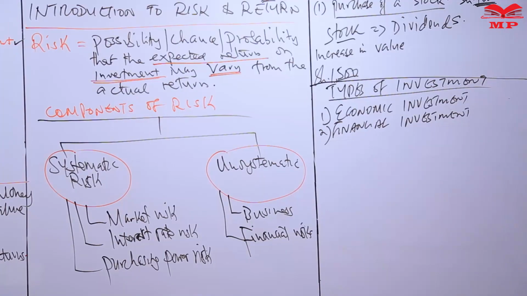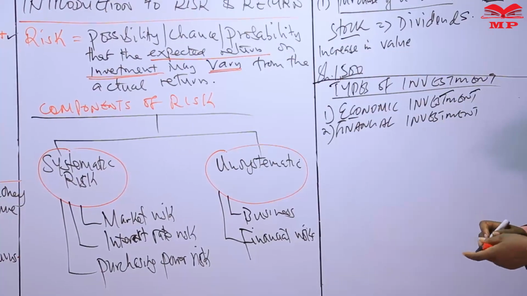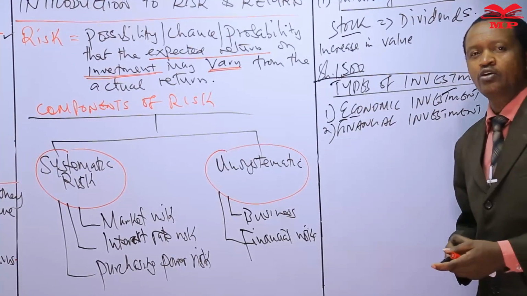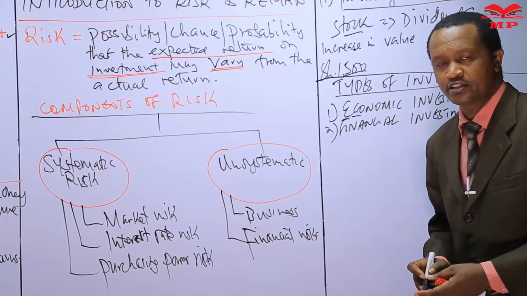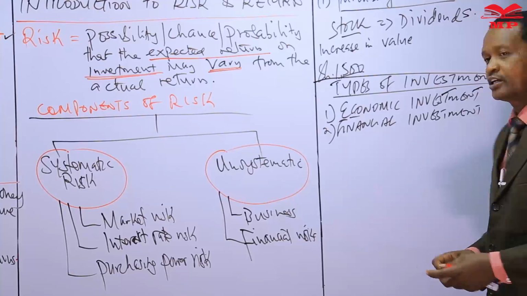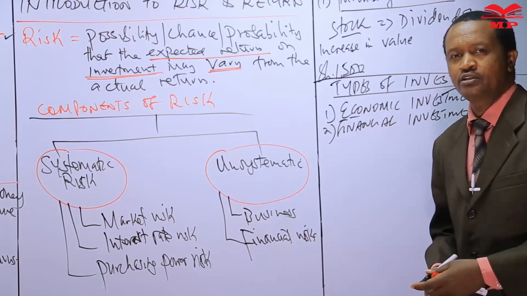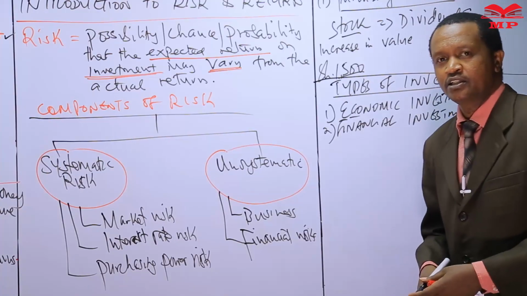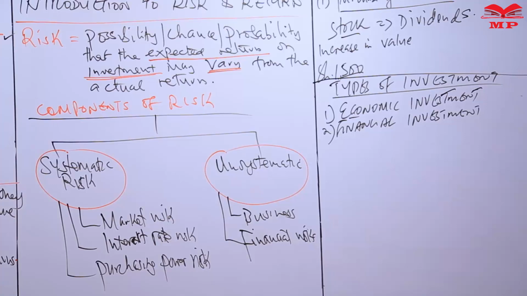So what is the meaning of economic investment? Economic investment is where or when a person invests in physical assets like buildings, machinery, plant, and so on, where a person invests his funds for the acquisition of some physical assets.